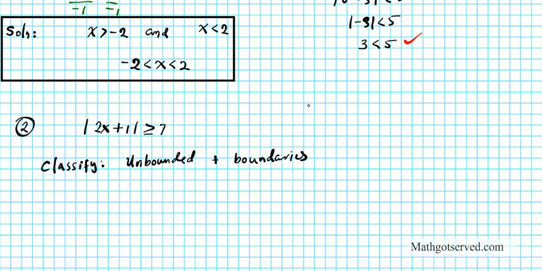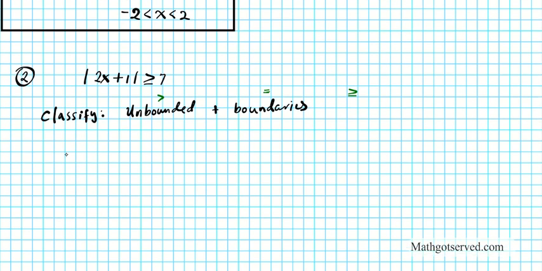What it basically means is, instead of just having open circles, the open circles become filled in because of that equal to, okay? Because the equal to tells you that you have to include the endpoints, all right? So this is unbounded plus boundaries. Let me just put a side note here. Unbounded is for the greater than component, and then the boundaries part is that. So if I combine these two inequalities together, I'm going to have greater than or equal to, all right? So that's the classification.